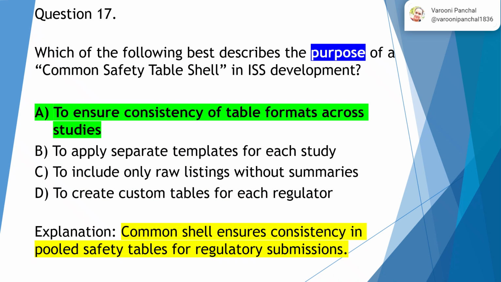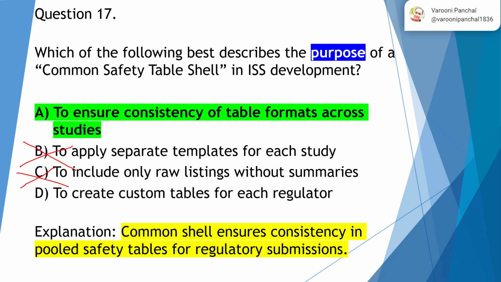Question 17. Which of the following best describes the purpose of a common safety table shell in ISS development? Option B, to apply separate templates for each study. No, you cannot have separate templates for separate studies. To include only raw listings without summaries. No. You need to perform the listings, then the tables and the figures whenever you are doing the ISS study.